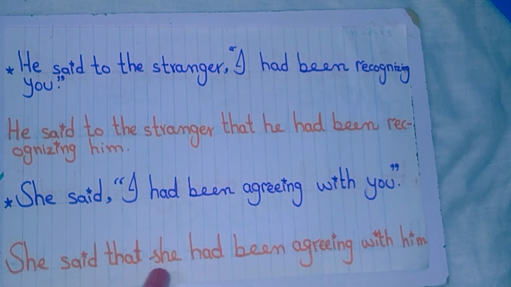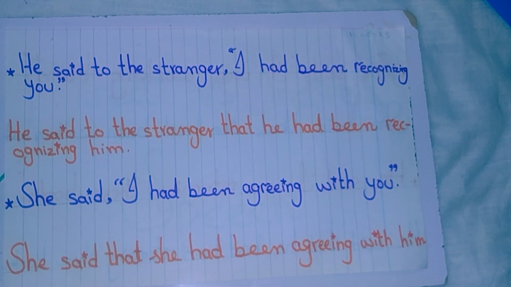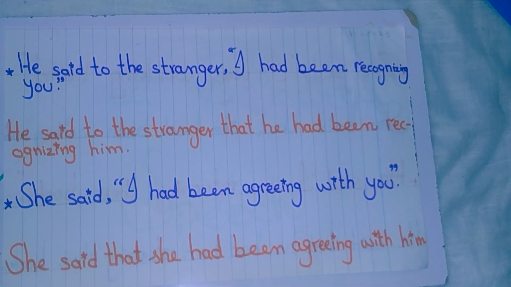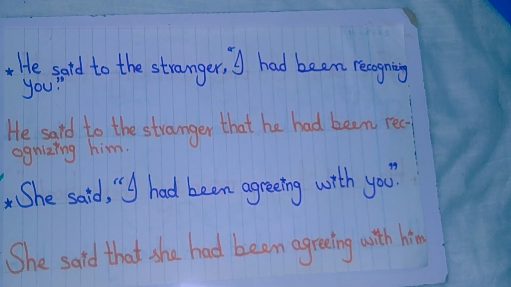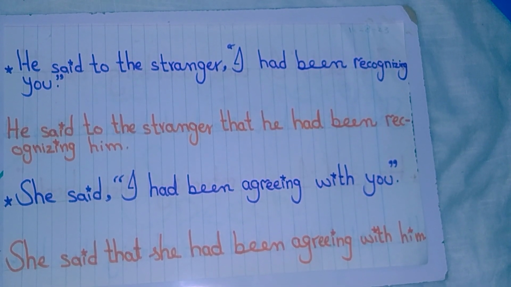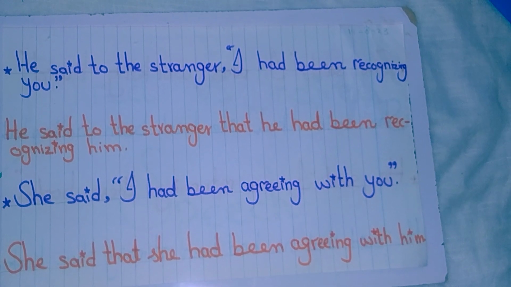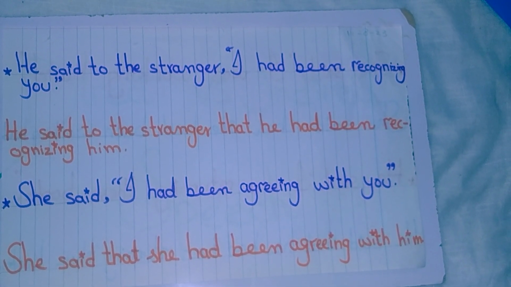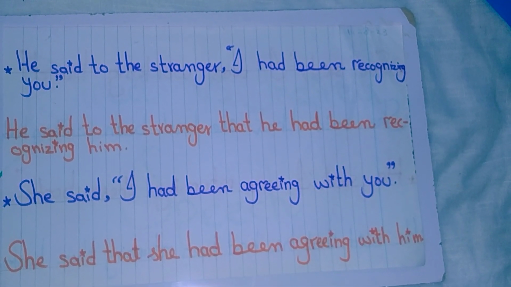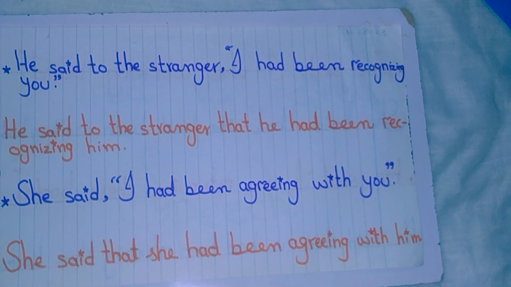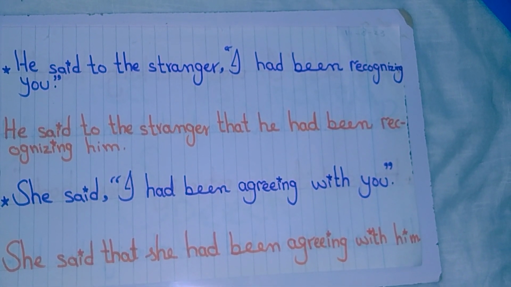She said that she had been agreeing with him, okay, but I did not change the tense, all right? If reported speech is in past perfect continuous tense, then we will not change the tense in indirect speech, all right?